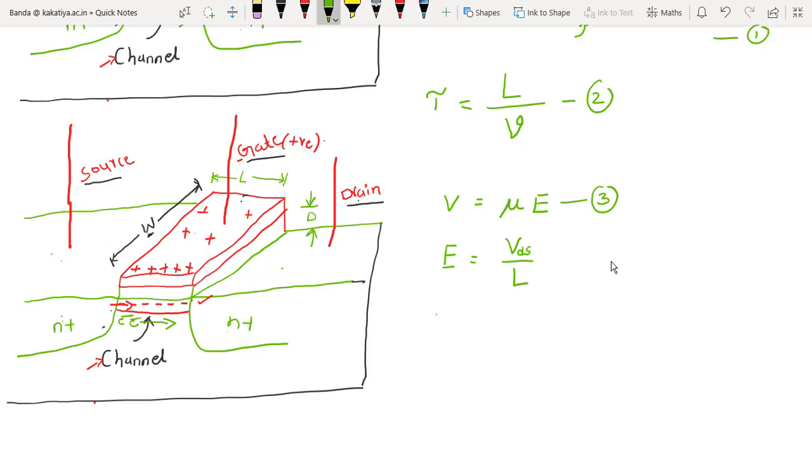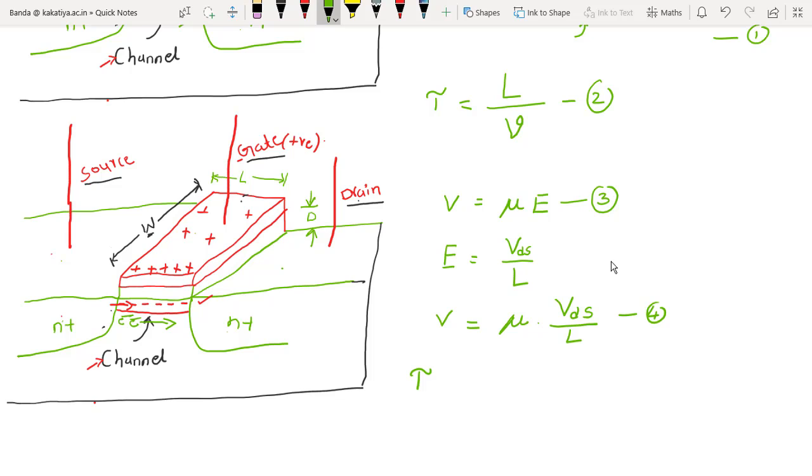Now we substitute E in the third expression, then it is mu into VDS by L. Suppose I consider this as the fourth expression. Now substitute this fourth expression in the second expression.